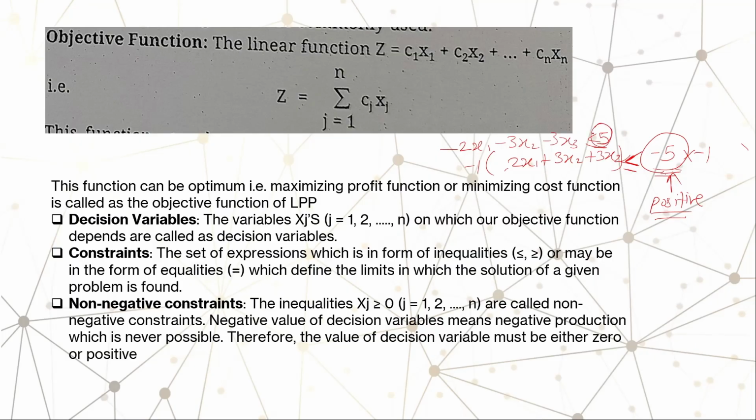Always remember this value should always be positive, and if it's not given positive in the question, you have to make it positive. Further we are going to deal with such questions, but for now remember that the value of your constraint is always non-negative.